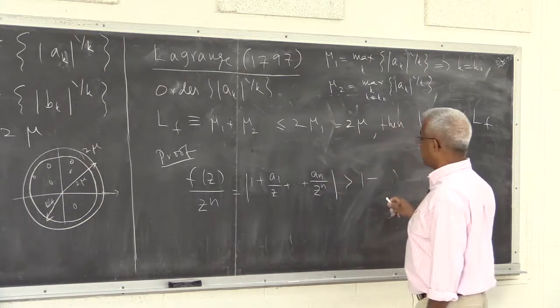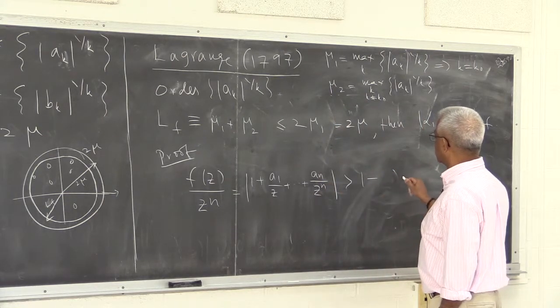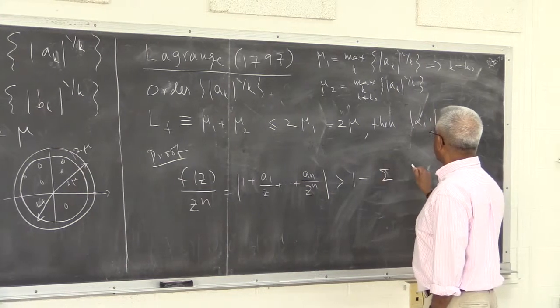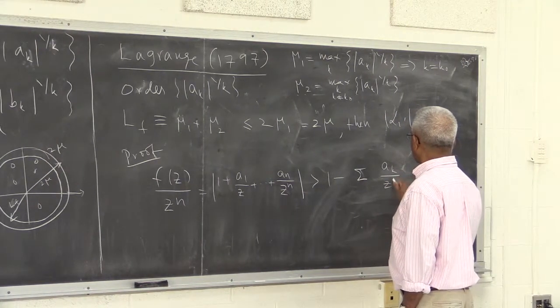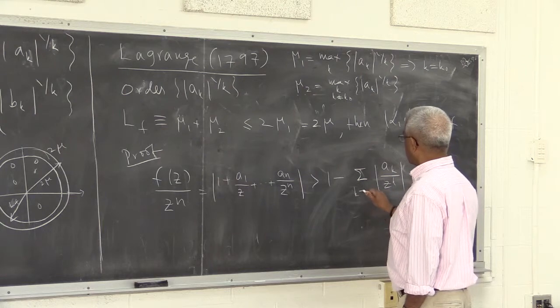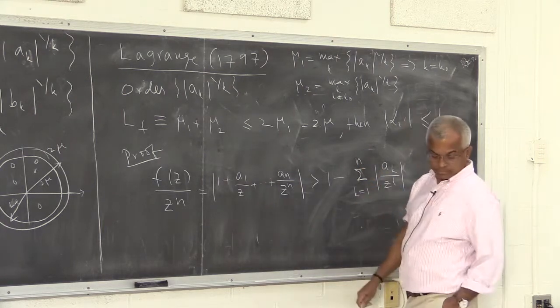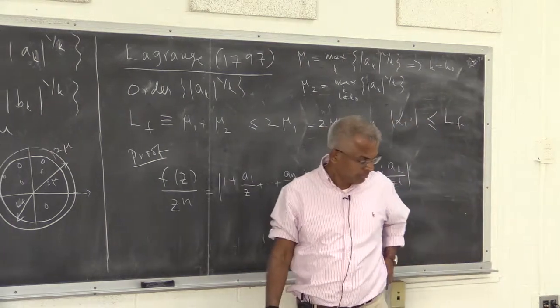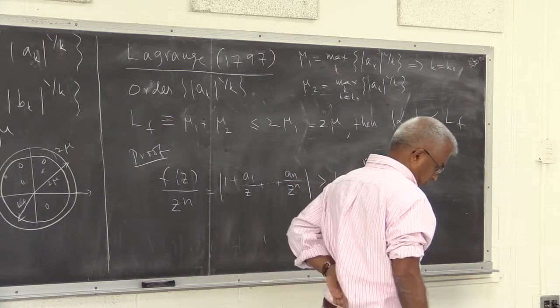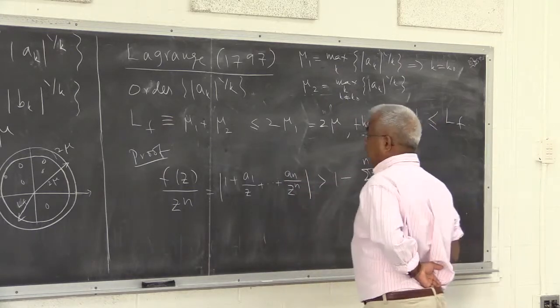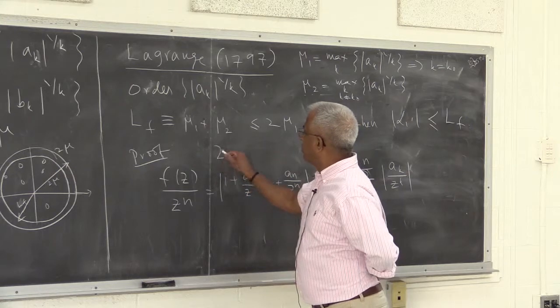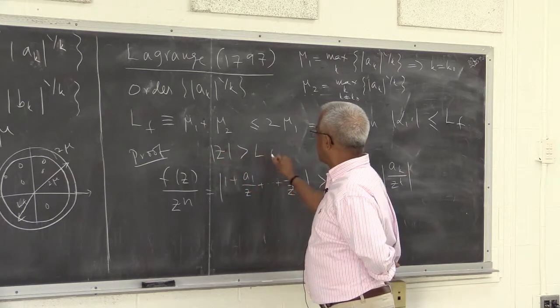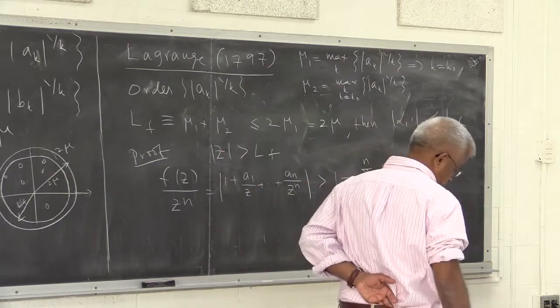So this is going to be greater than 1 minus the summation of ak over zk, k equal to 1 through n. And so I'm going to obviously look at what happens for z greater than LF.